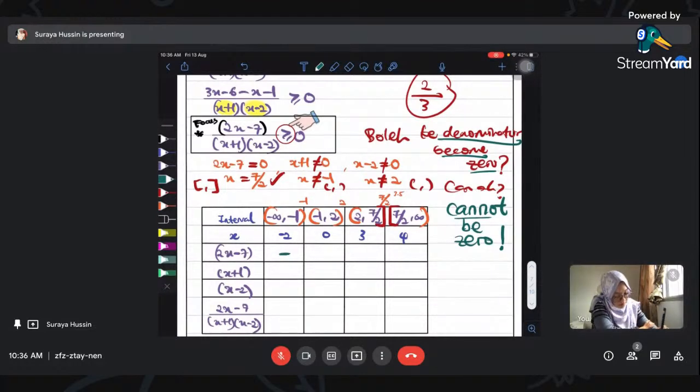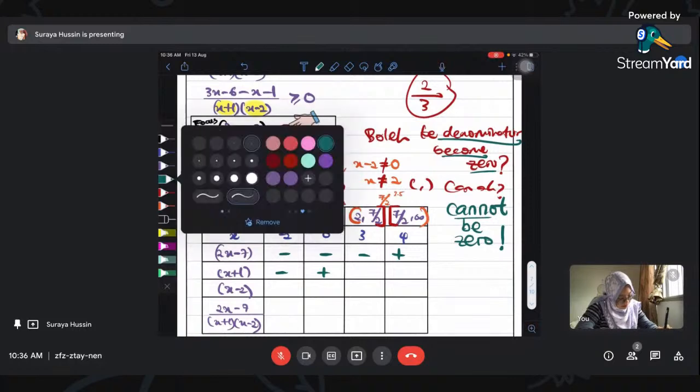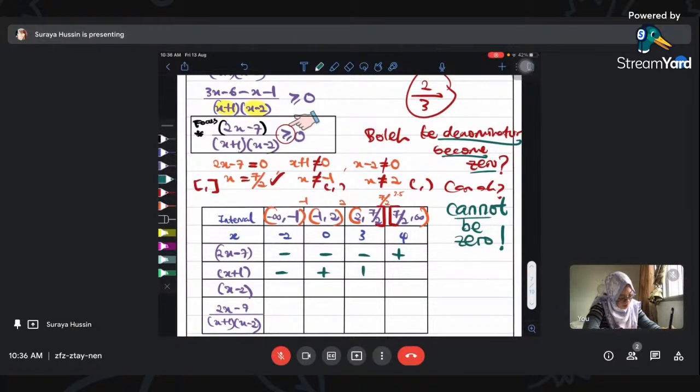But I want to go fast here. So at the end of this, we will get negative, positive, negative, positive.